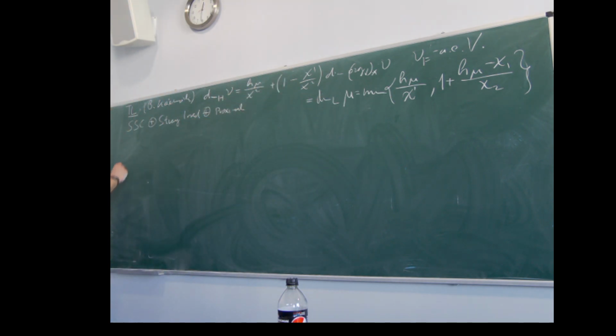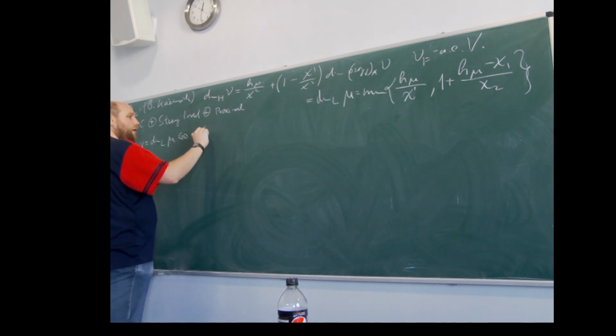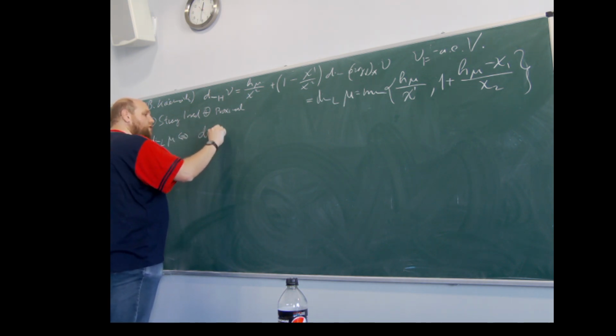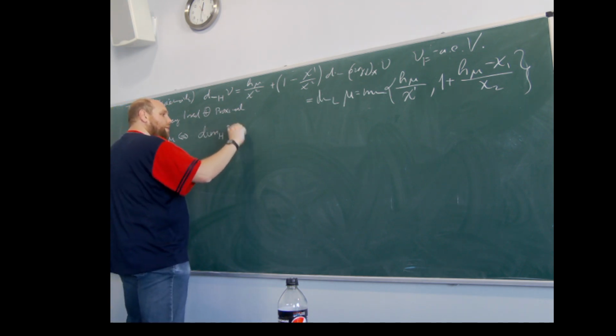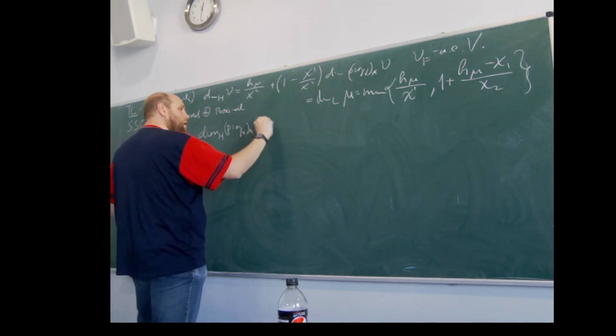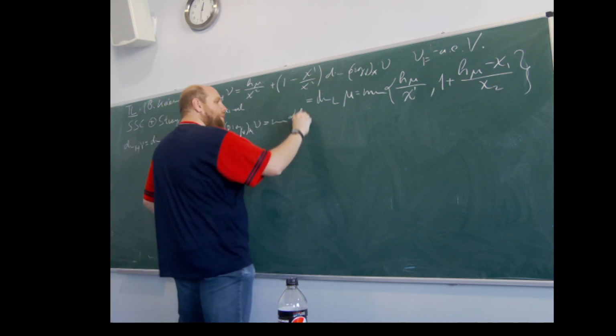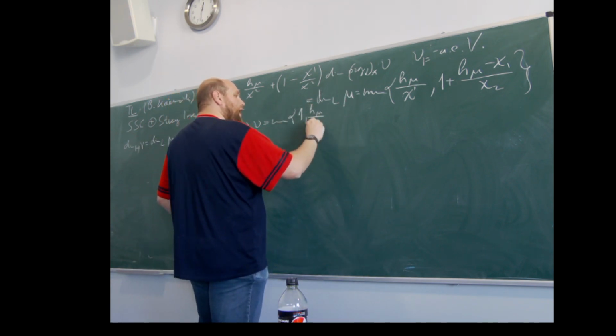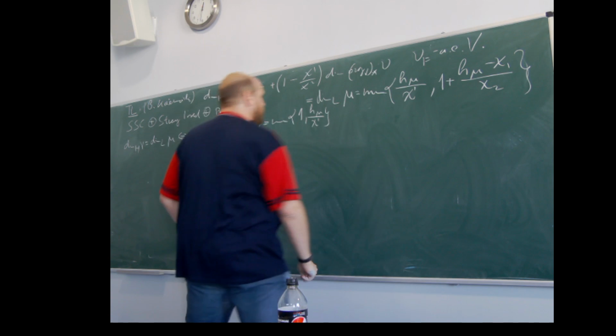It's easy to see that the Hausdorff dimension of mu equals the Lyapunov dimension of mu if and only if the Hausdorff dimension of the projected measure equals the minimum of 1 and the entropy over the Lyapunov exponent.